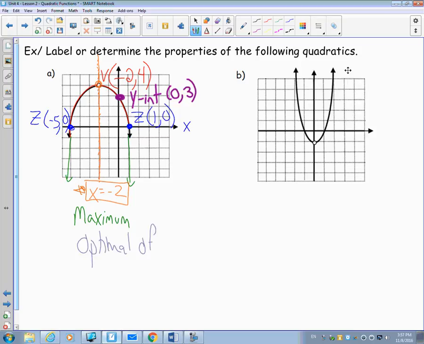What's the highest or lowest value I reach? I reach a maximum of 4, the y part of the vertex. So if you stop and think for just a second, the axis of symmetry and the optimal value actually come from the vertex, or the vertex comes from the axis and the optimal value. There's a big connection between those three things.